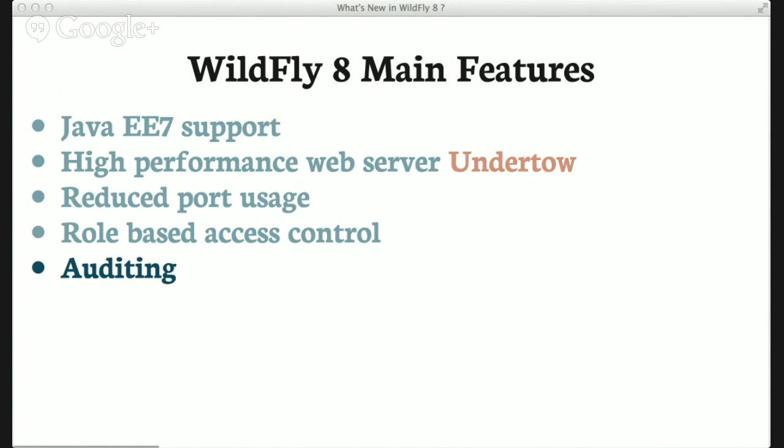We also have a special audit log, which logs the actions of the users, and these logs can be uploaded to a secure location for auditing later on. And one other feature is that now we have automated patching so that we can patch running servers.